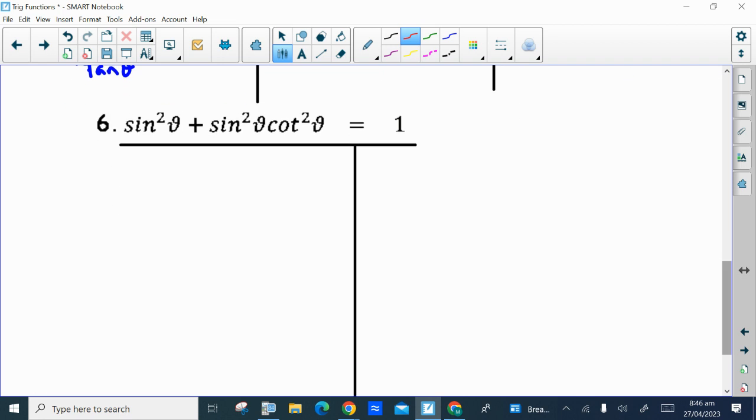Number 6, you've got some squares there, so immediately you may think about the Pythagorean identities. However, if you recognize that there is a factor of sine squared theta in both terms here, that would lead us to take out a common factor of sine squared theta, which will give us 1 plus cotan squared theta.